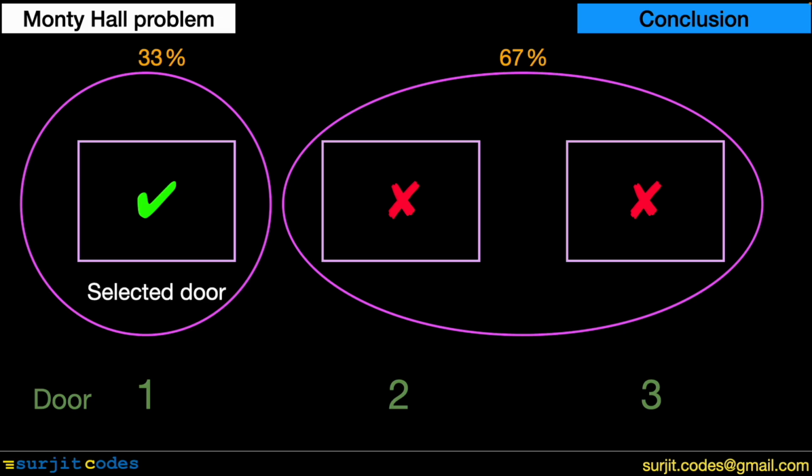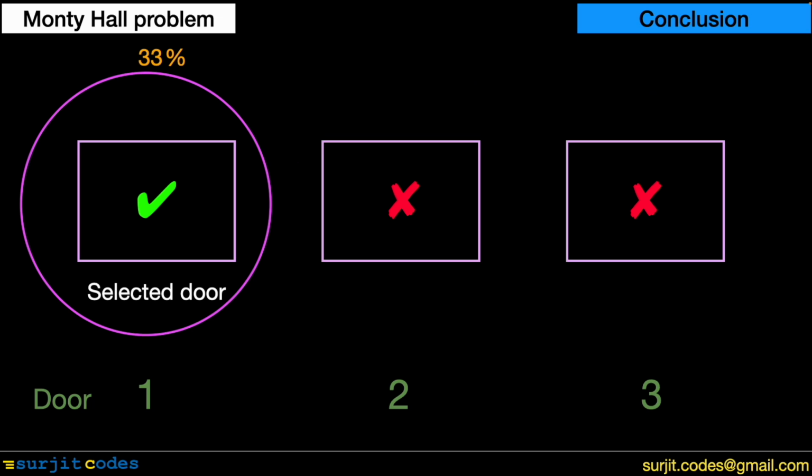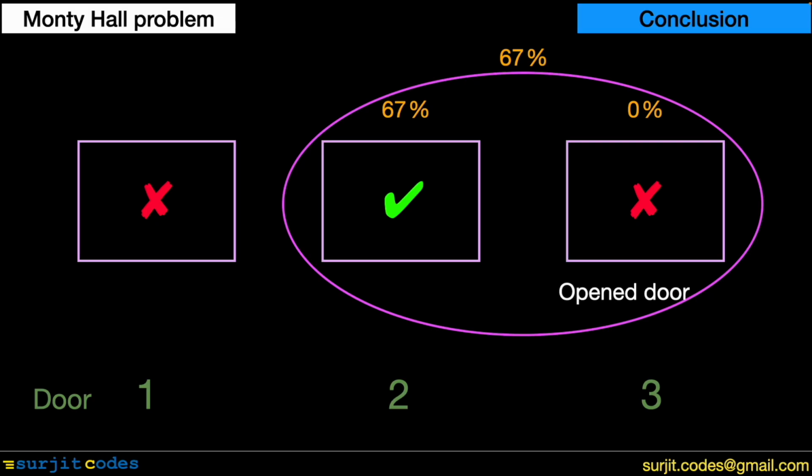Actually, the three doors divide themselves into two groups: the door selected by us and the remaining two doors. Only 33% chances are that the selected door is the car door, while 67% chances are that the car door is present behind one of the two doors of the other group, which must become a revised selection.